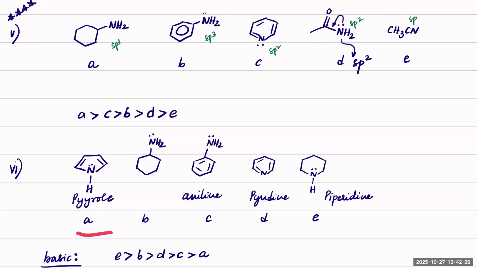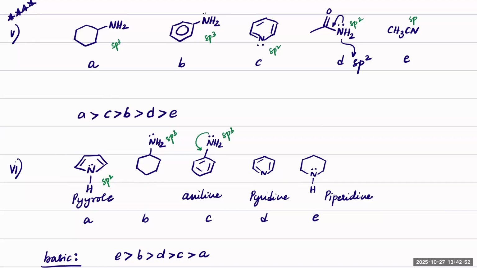If you have pyrrole, I mean this one, cyclohexanamine, aniline, pyridine, and piperidine. Check out these cases. Here we have a complete sp2 hybridized aromatic group. This is due to aromaticity. And this is completely sp3. And this is sp3 but with resonance here.